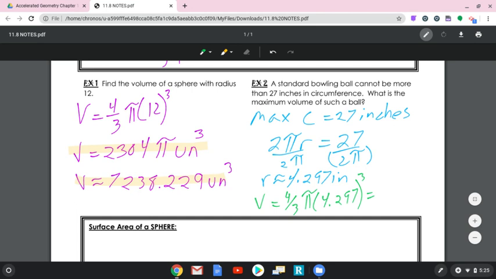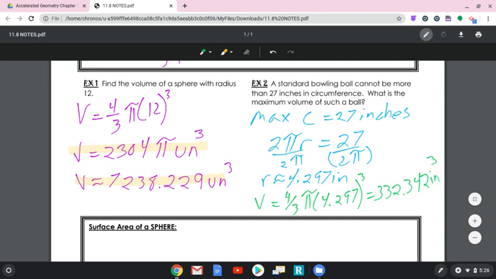So if I cube that, and then multiply it by 4 divided by 3, and then times pi, I'm going to get 332.4342.